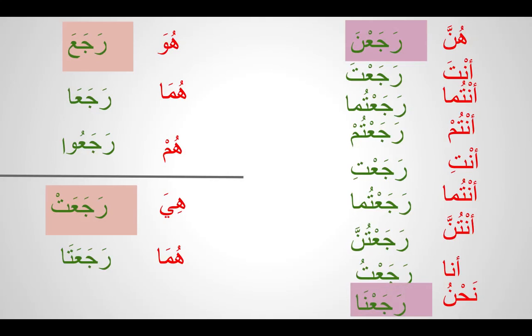Raja'a means return. So he returned, they both returned, all of them returned. She returned, they both returned, all of the women returned. You returned, you both returned, all of you returned, and so on and so forth.